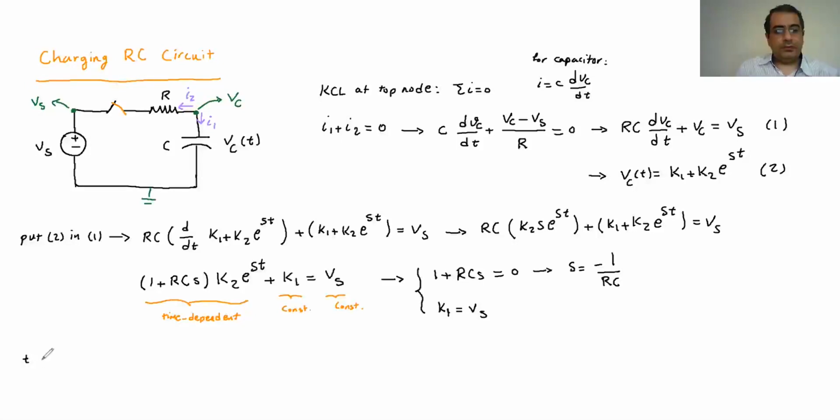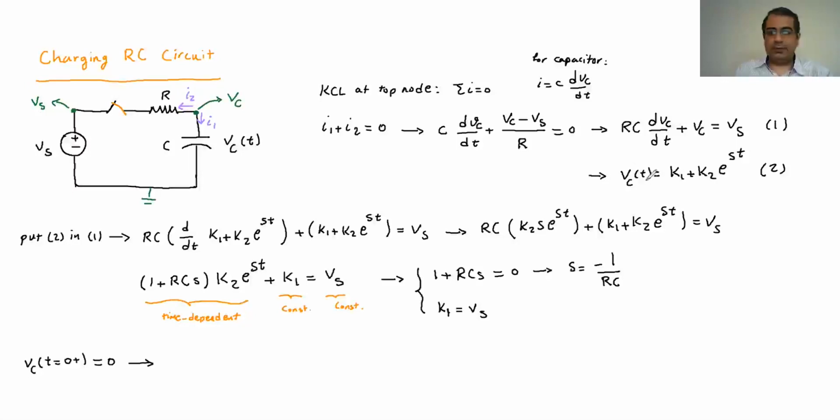Right after I close the switch, the voltage in the capacitor still is 0. As soon as I close it, it still is not charged, so it's going to be 0.